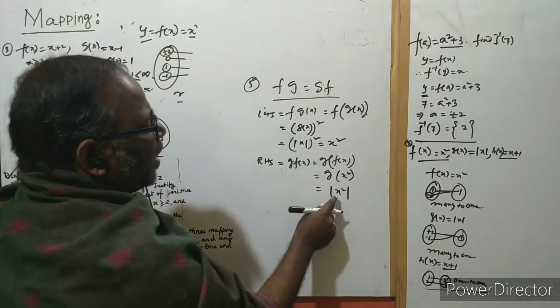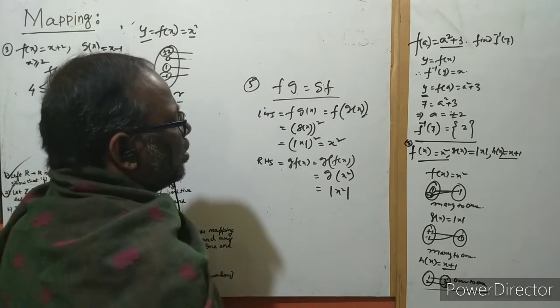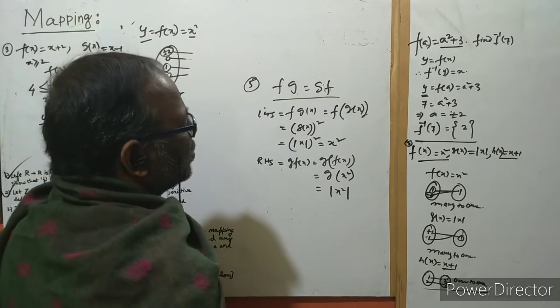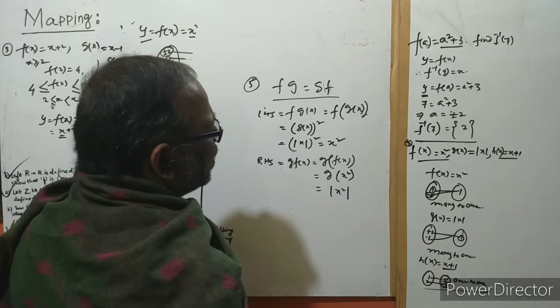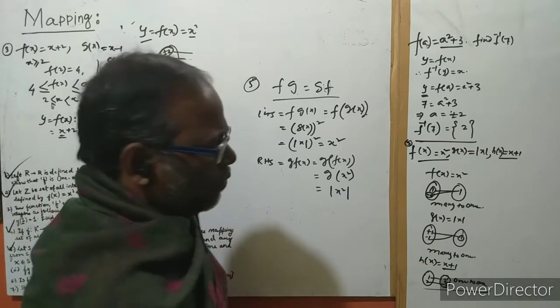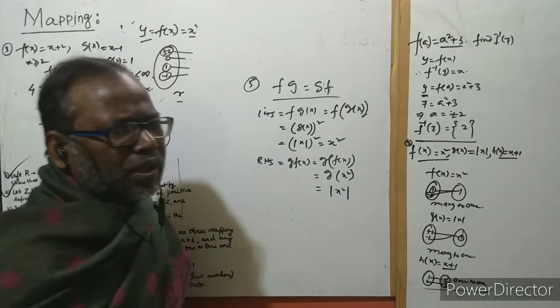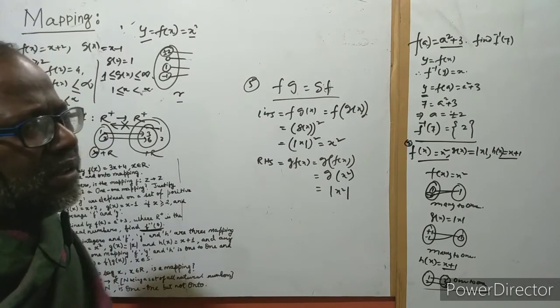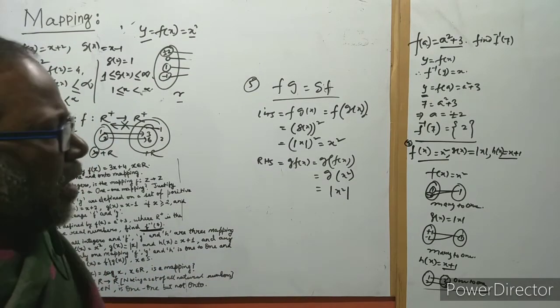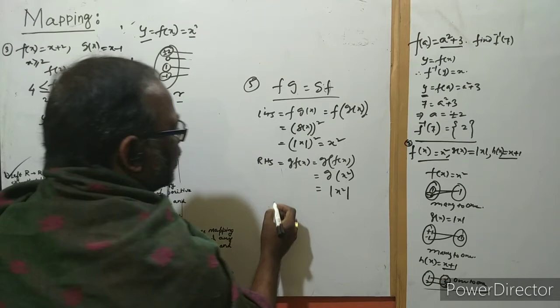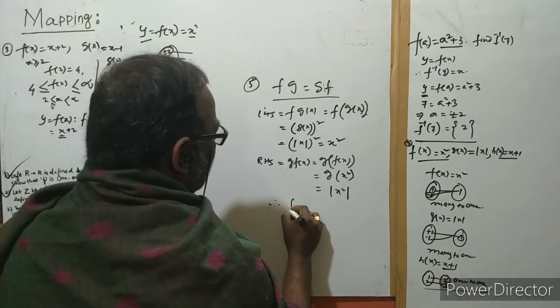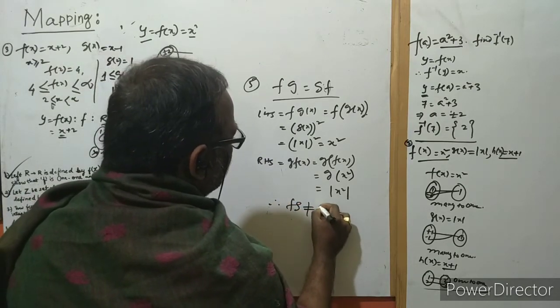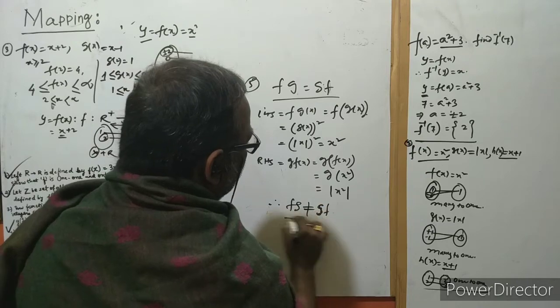Okay, put in every value like 1, 2, 3, 4. We get mod 4, mod 3, with plus or minus. So therefore f of g is not equal to g of f. Okay, not the same.